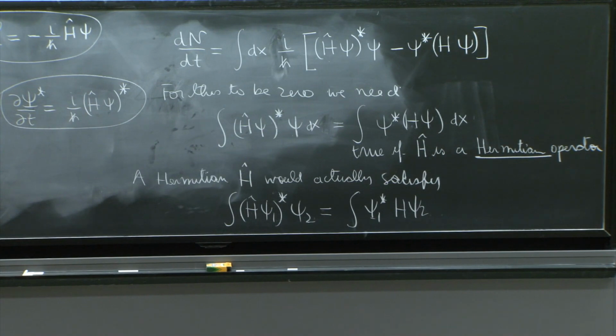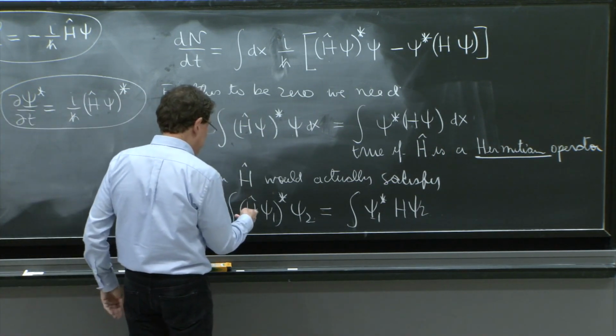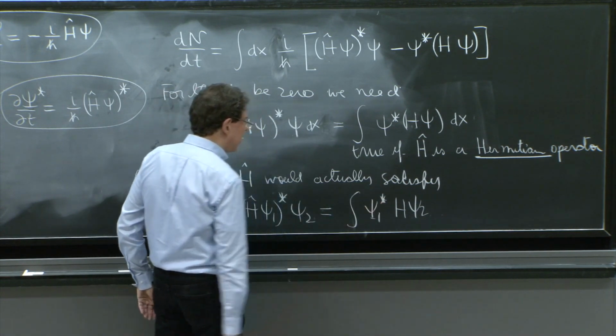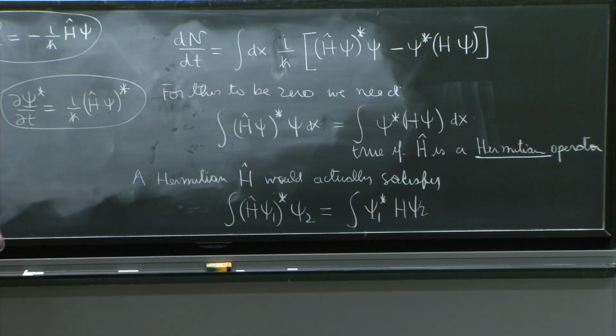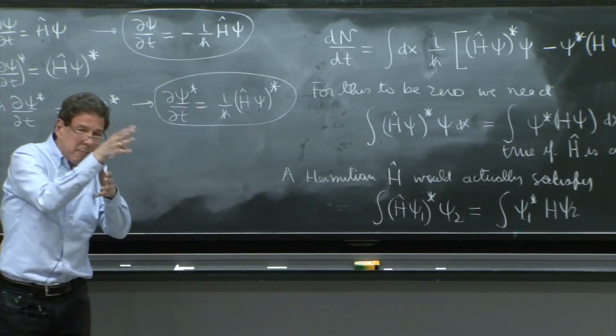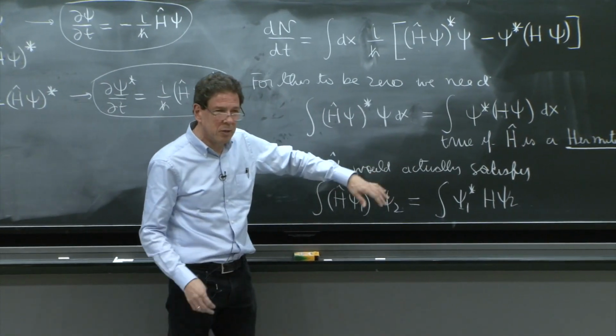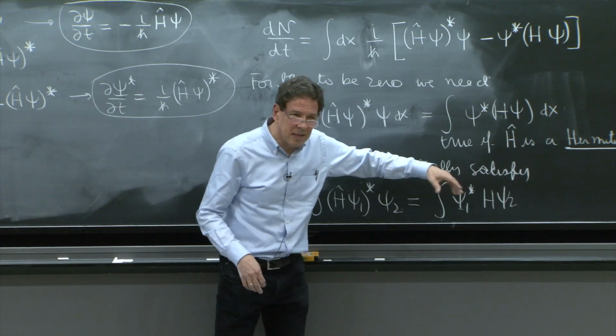Now, if you ask yourself, how do I even understand that? What allows me to move the h from one side to the other? We'll see it very soon, but it's the fact that h has second derivatives, and maybe you can integrate them by parts and move the derivatives from the psi 1 to the psi 2 and do all kinds of things.